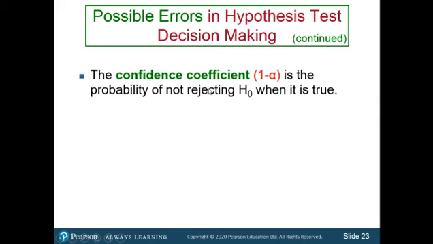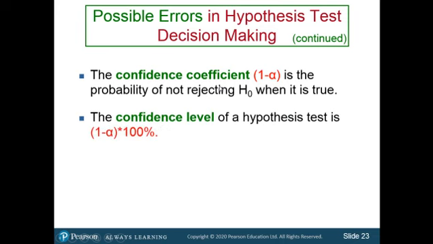So here is some terminology that we can use. 1 minus alpha is known as the confidence coefficient. It represents the probability of not rejecting the null hypothesis when it is true.